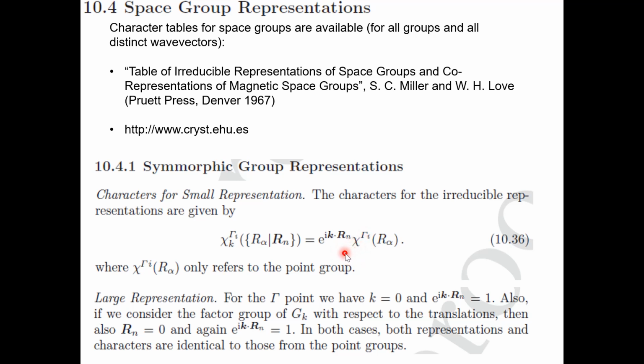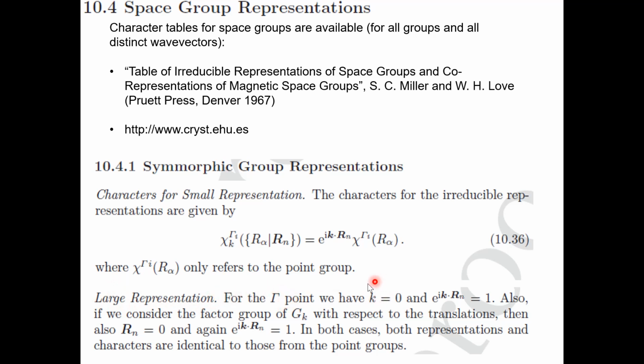All right. So most of the time we are going to disregard translations. In most applications we can disregard the translations. We can factor out translations, so Rn is going to be equal to 0. So this is very simple. This will be just the characters for the rotation part or the point group part of our compound space group operation. And for large representation it's the same thing.